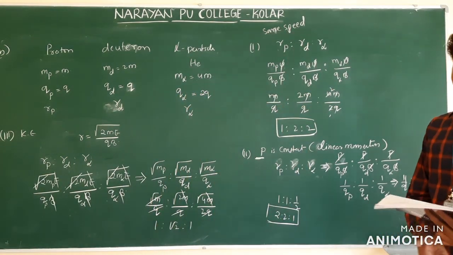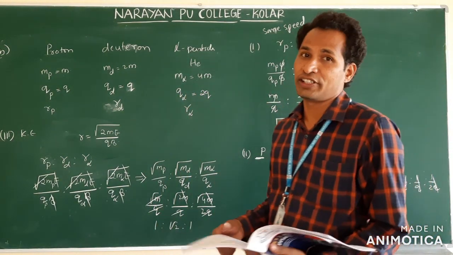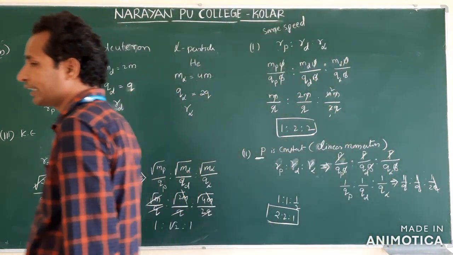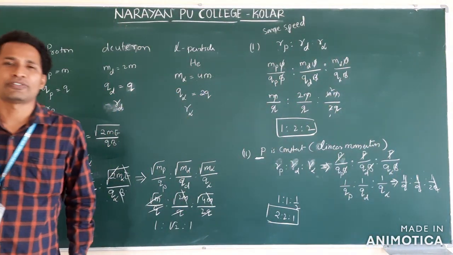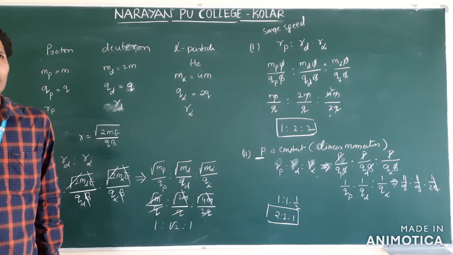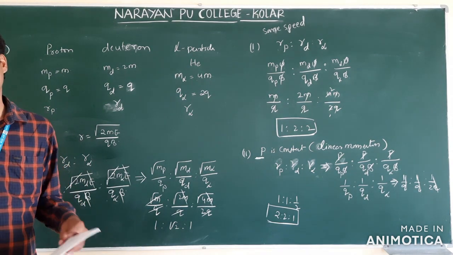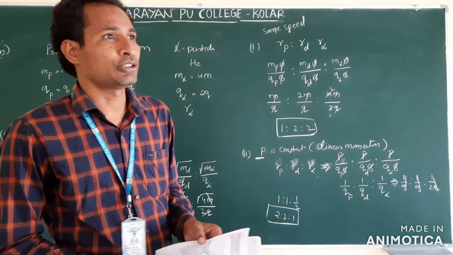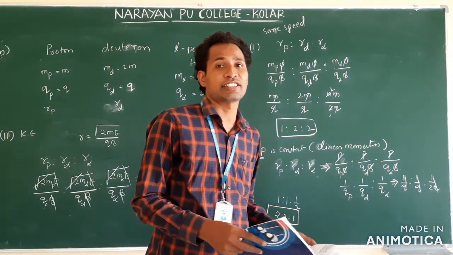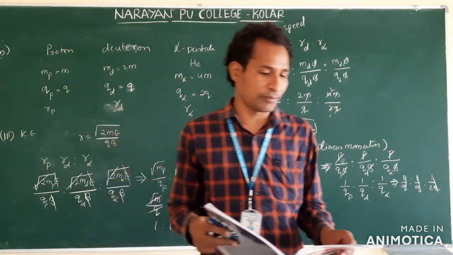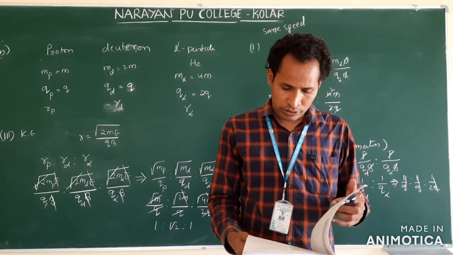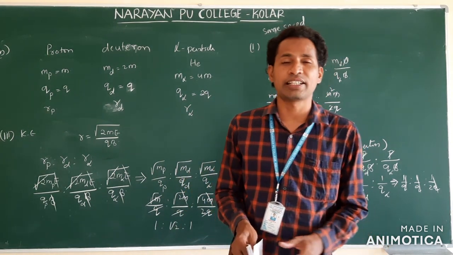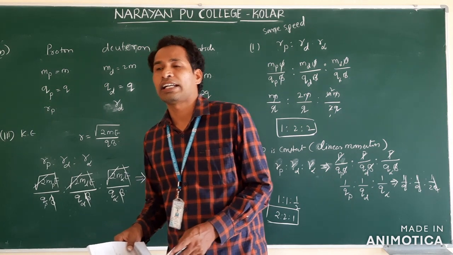Now the next concept, force between parallel wires. Already we have done the derivation. What is that? F by L is equal to mu naught I1 I2 by 2 pi d. From this derivation we define the ampere, and also we have seen the nature of the forces. If currents are in the same direction, conductors attract.